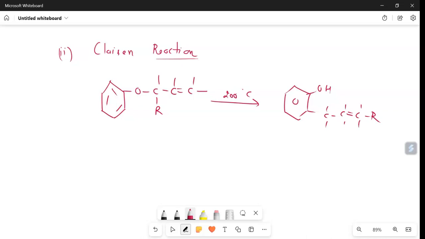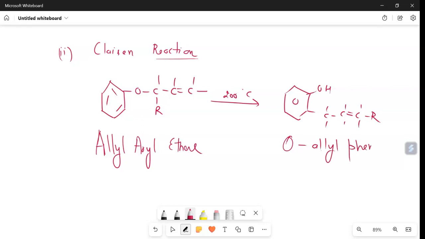So this is known as Claisen rearrangement, where allyl aryl ethers are heated to form ortho allyl phenols, and this rearrangement is known as Claisen rearrangement.